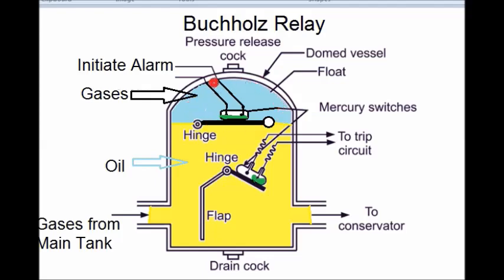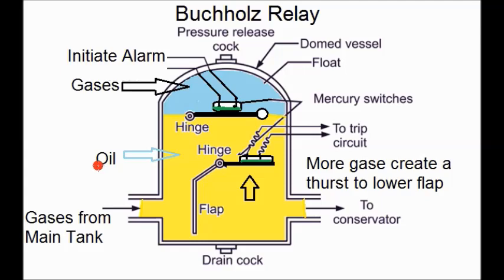Since the gas is lighter than oil, the upper portion of the Buchholz relay is filled with this hydrocarbon gas. Due to this, the float goes downwards to the horizontal position, and these two contacts get a conducting path via the mercury in the mercury switch. This results in initiation of the alarm in the CRP panel, the Buchholz alarm, which is the indication of an internal fault of the transformer.